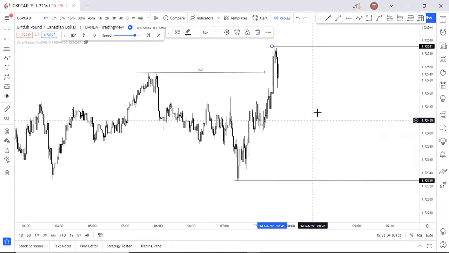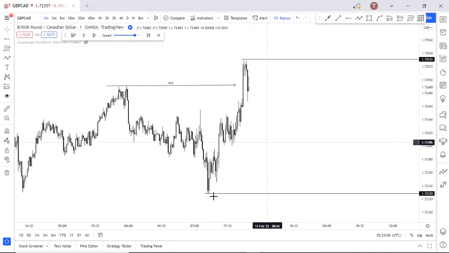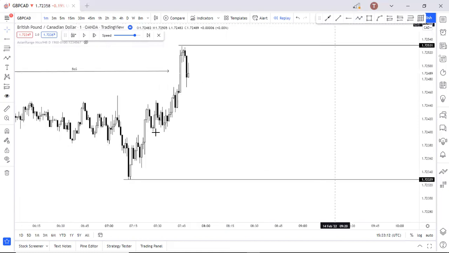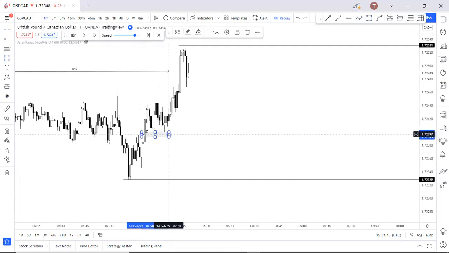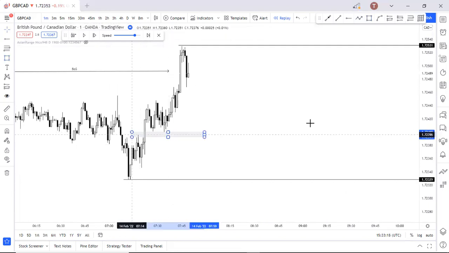So my trading range was between this low and this high. So on the 1 minute time frame, I noticed we had a gap, which is called an imbalance right here. We had this gap being created.